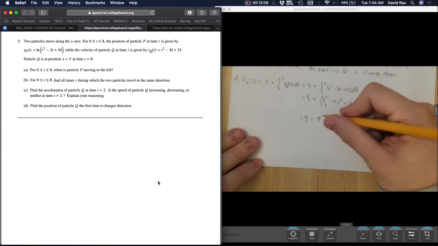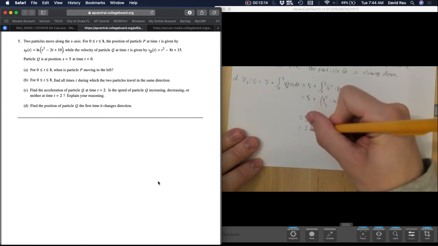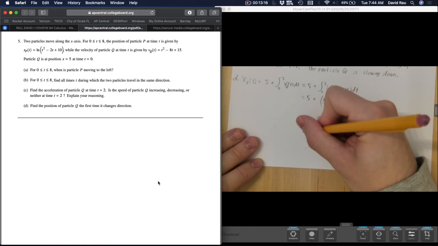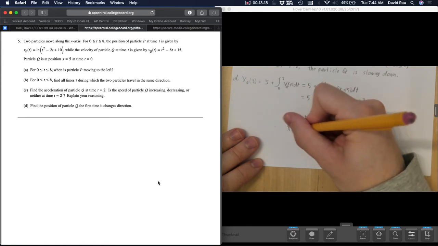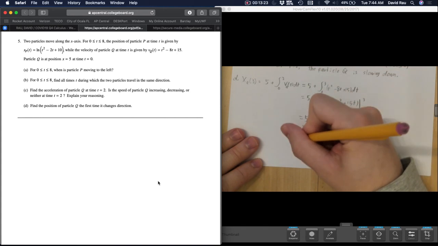So we've essentially got 50 minus 27, which would be 23. So that is the position of Q at 3.